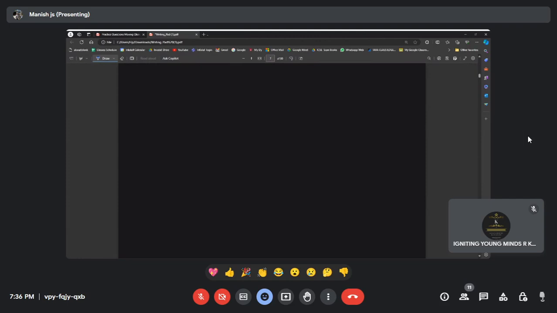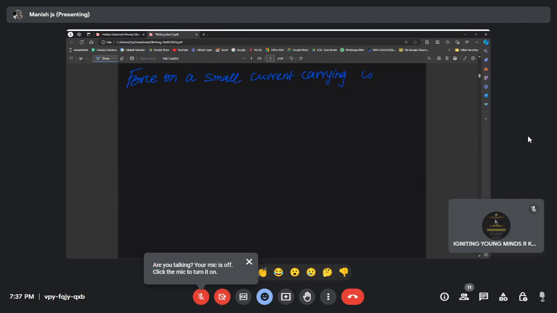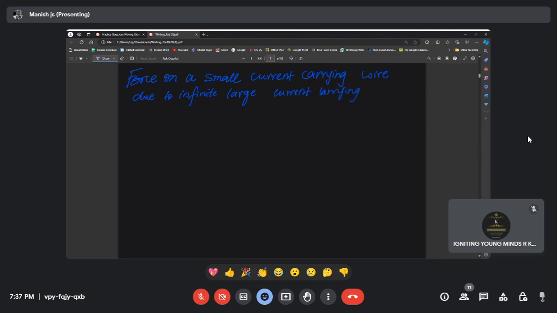Let me first put the heading. We will see the force on a small current carrying wire due to an infinitely large current carrying conductor.